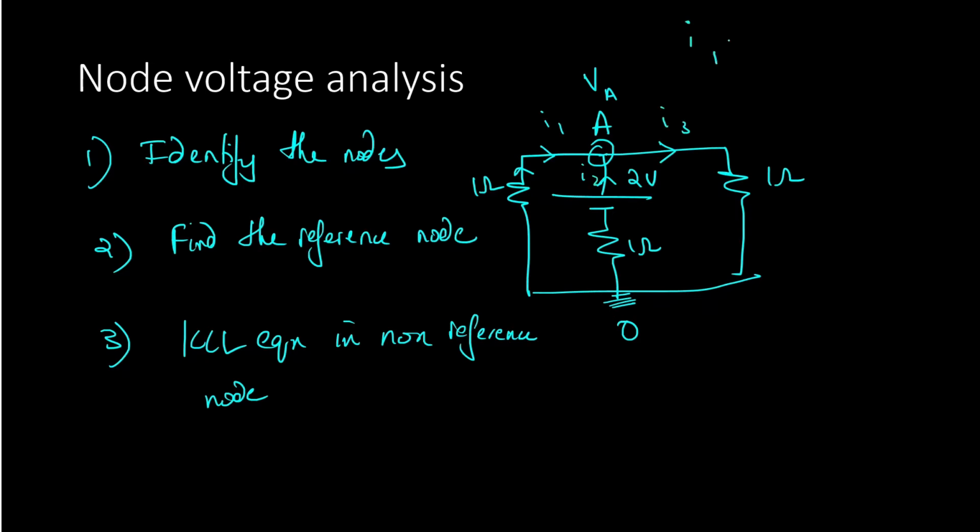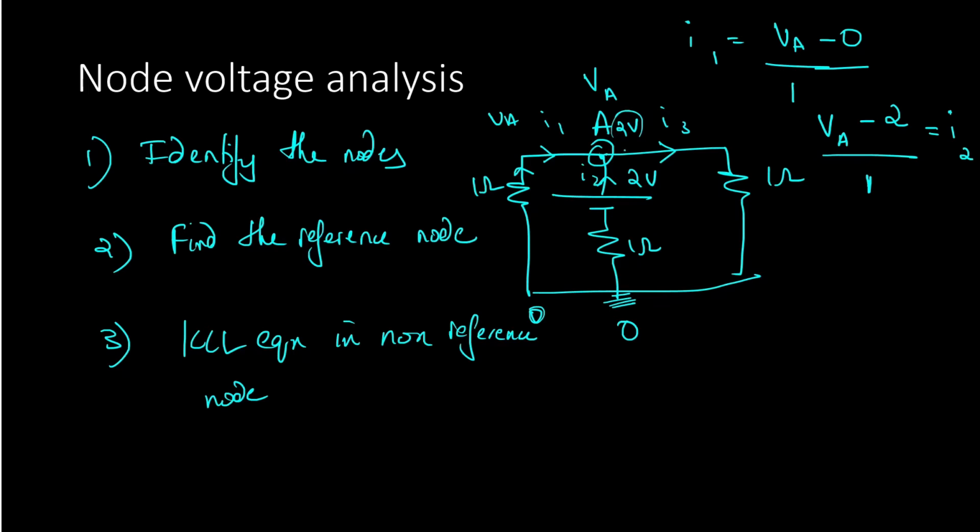So what is I1 equal to? In this 1 ohm resistance, the potential here is 0 and this is at VA. So I1 is (VA minus 0) by 1, which is VA by 1. In this other 1 ohm resistance, we have a 2 volt potential, so (VA minus 2) divided by 1 is equal to I2.